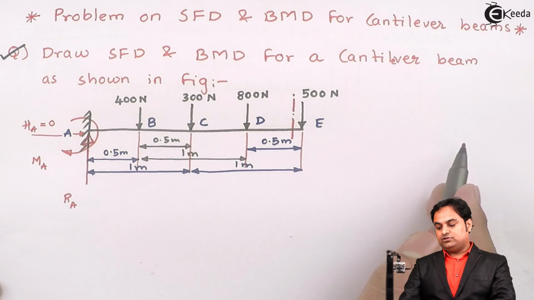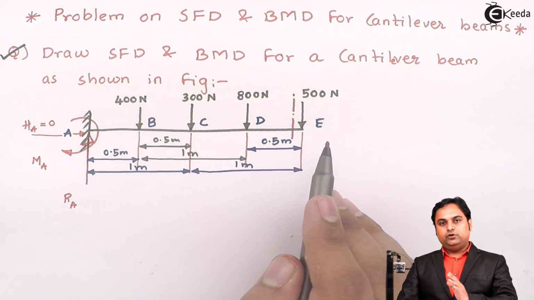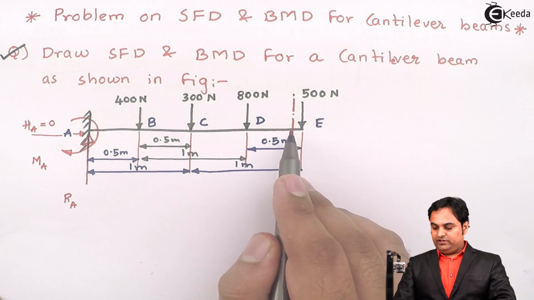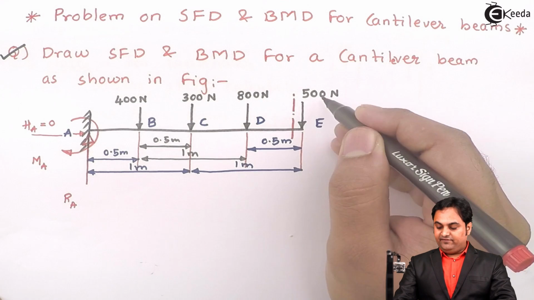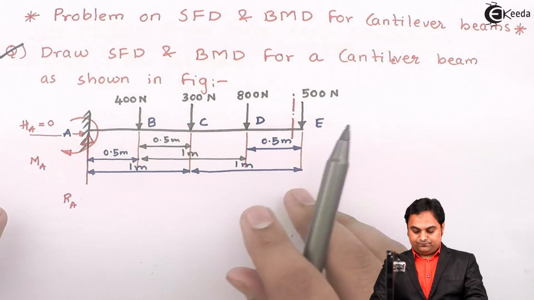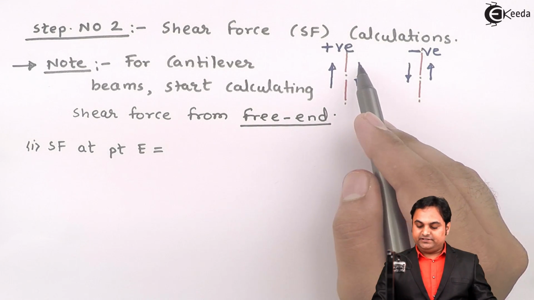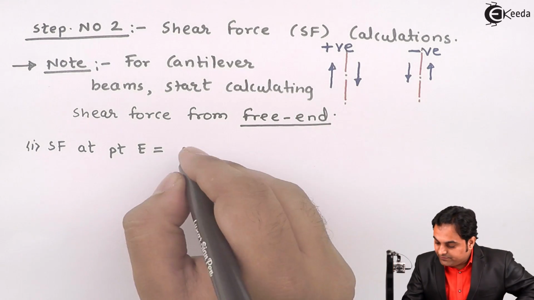It means shear force will start from 0 at point E, and then it will go on increasing. Let us check this. If I am taking the section to the left of E, then on the right hand side of E there is a downward load having value 500. So as per the convention, if a force is to the right of the section acting downward, it should be treated positive. The value is 500.